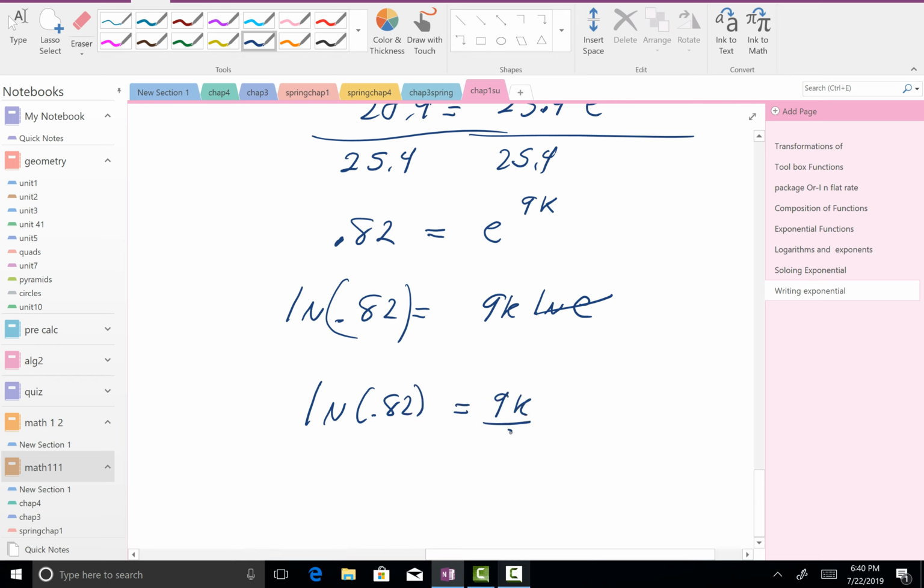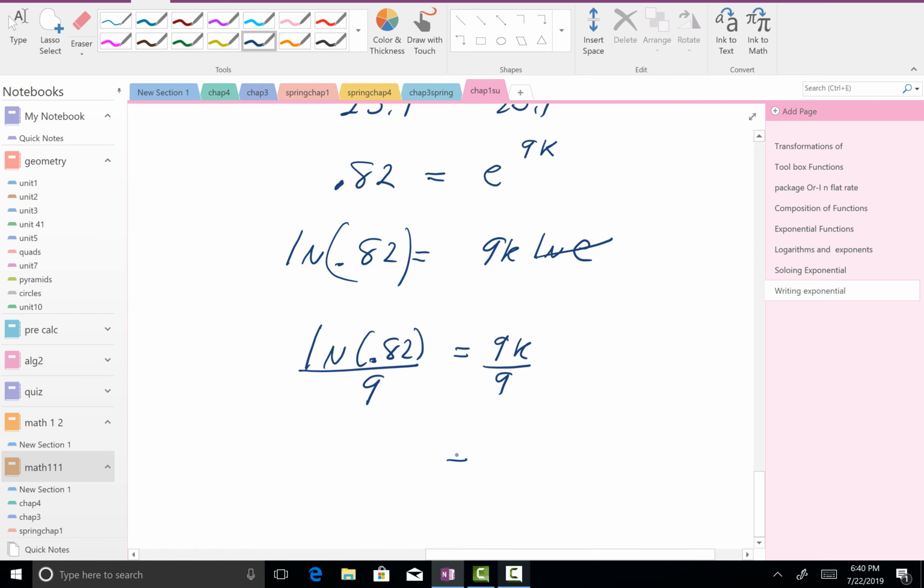Again, they all look the same. It's just a different equation, but the idea is still the same. Okay, what do we get for k? Negative point what? 02. Okay, so what does that do?